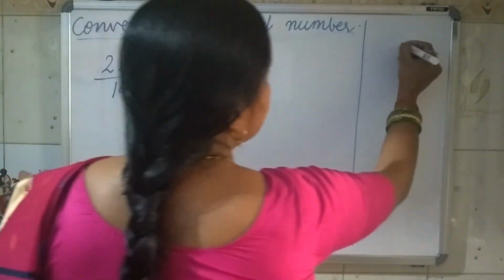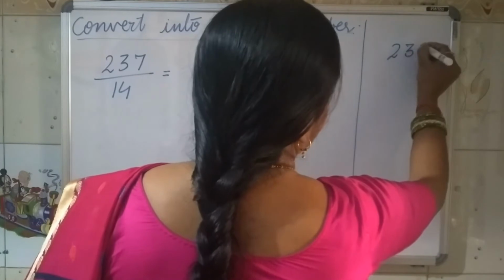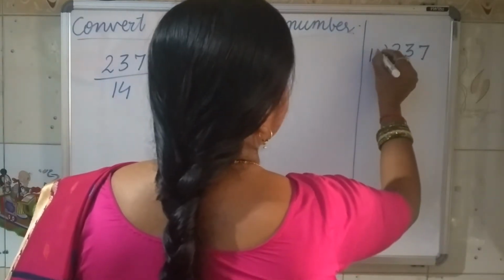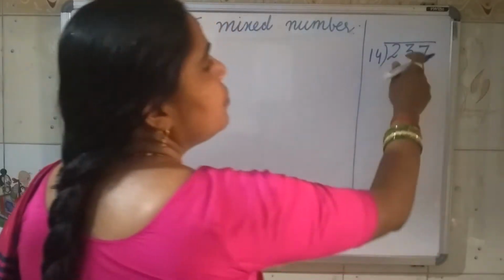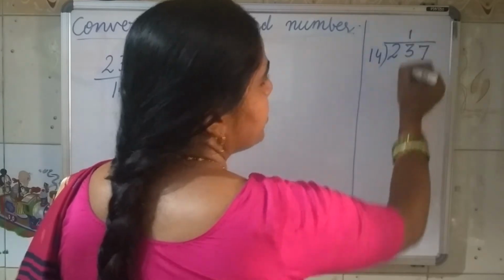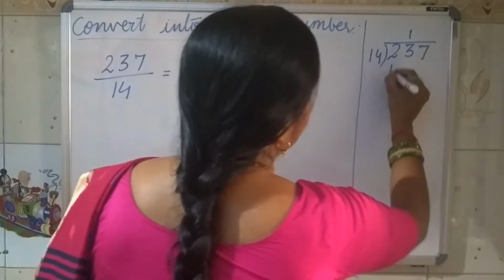Okay. So this 237 divided by 14. So 14 1 14, 14 2 are 28. So 2 times is not possible. We will go for 1 times. It is 14.